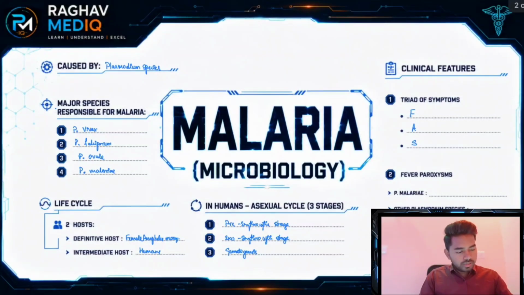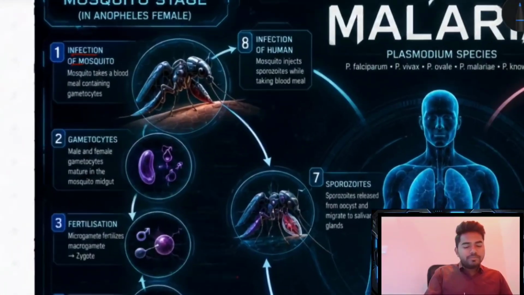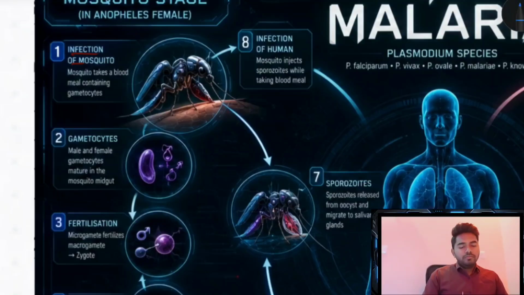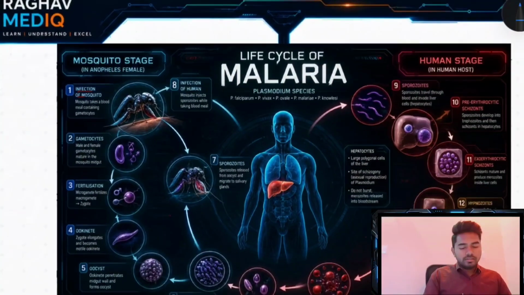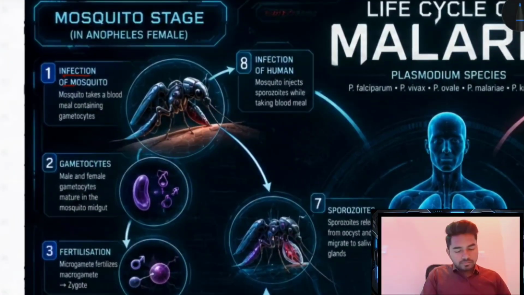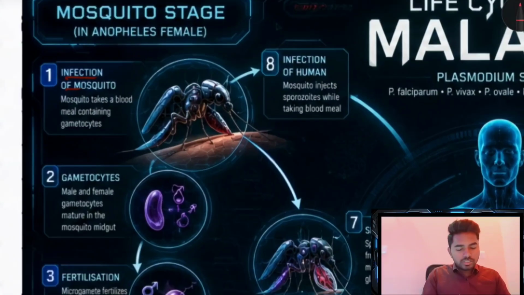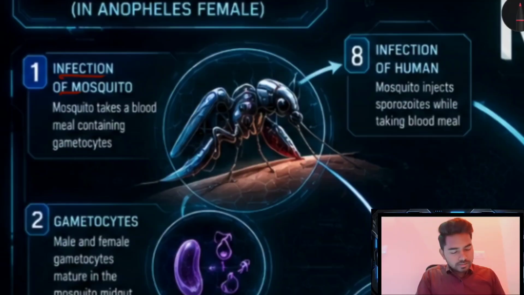First we'll look into life cycle. See, we have two stages of malaria. One is mosquito stage, other is human stage. In mosquito stage, imagine a mosquito has taken blood meal from an infected person.